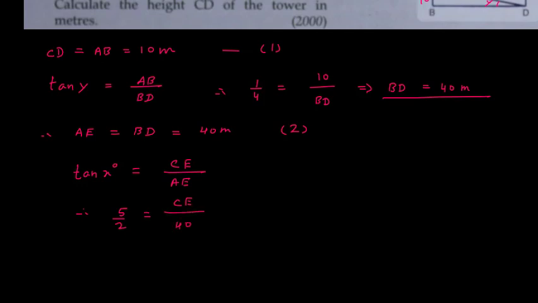Value of AE we got 40. So from here we can find out the value of CE, which is 5 divided by 2 into 40. So 2 into 2, 2 into 4. So this becomes 5 into 20, and 5 into 20 is what? 100 meter. So the value of CE is 100 meter.